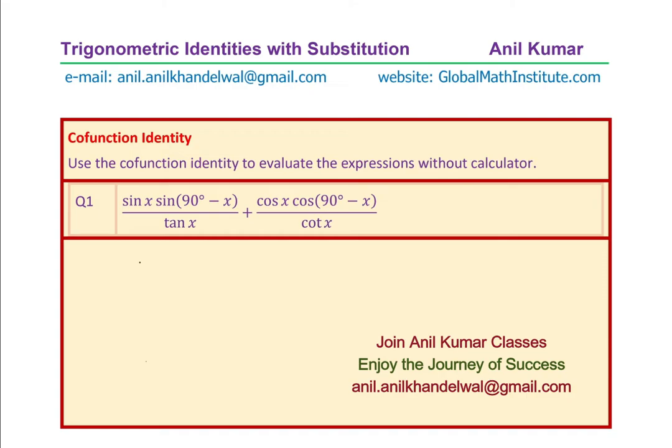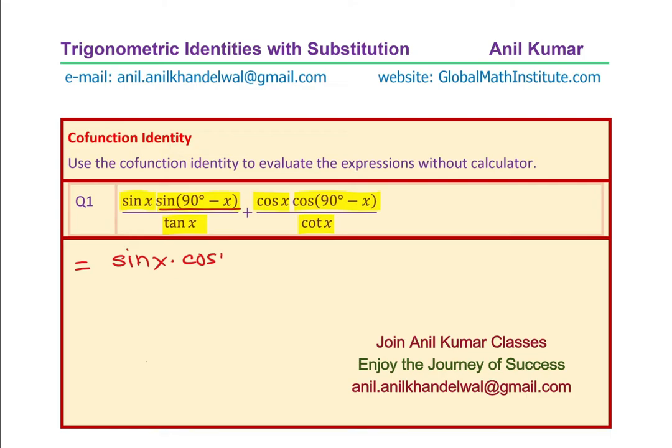We are given sin x times sine of 90 minus x divided by tan x plus cos x times cos of 90 minus x divided by cotangent x. We can write this expression as equal to sin x, and what is sine of 90 minus x? It is equal to cosine x, right?